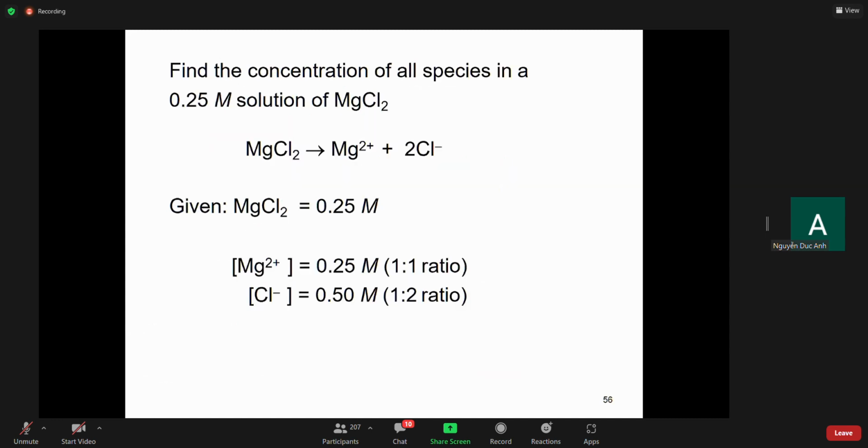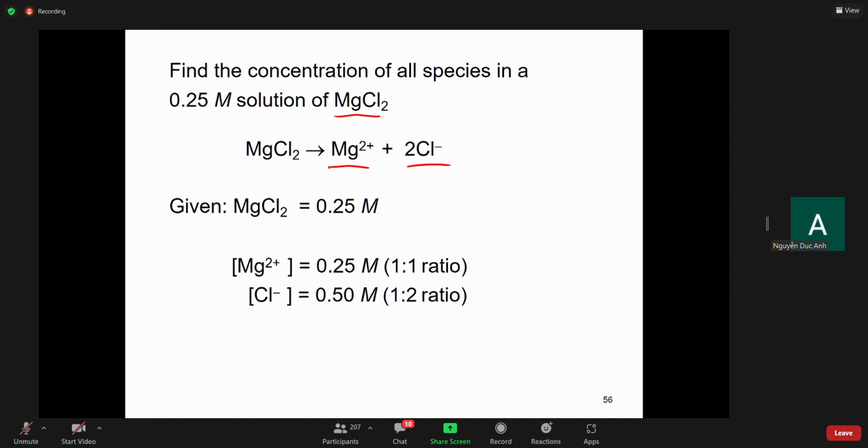By that way, you can calculate the concentration of all species in the solution. So when you dissolve magnesium chloride in the solution, it completely dissociates into magnesium 2 plus and 2 chloride minus.